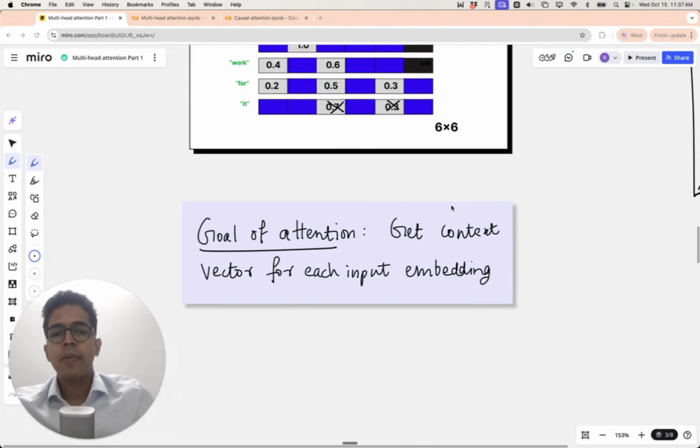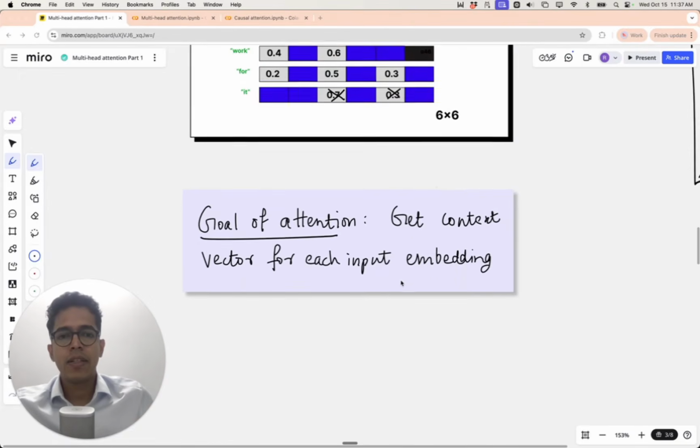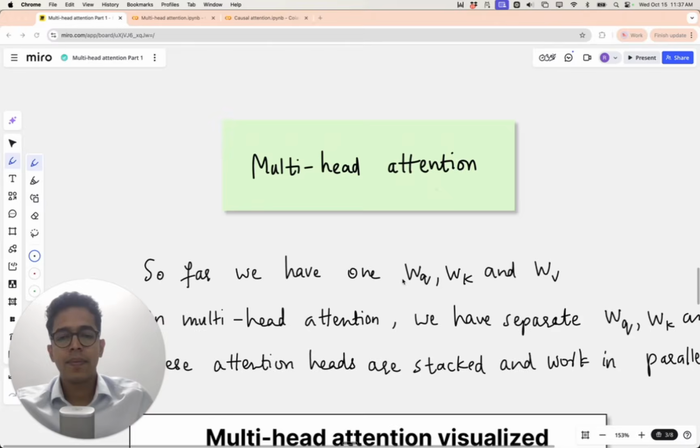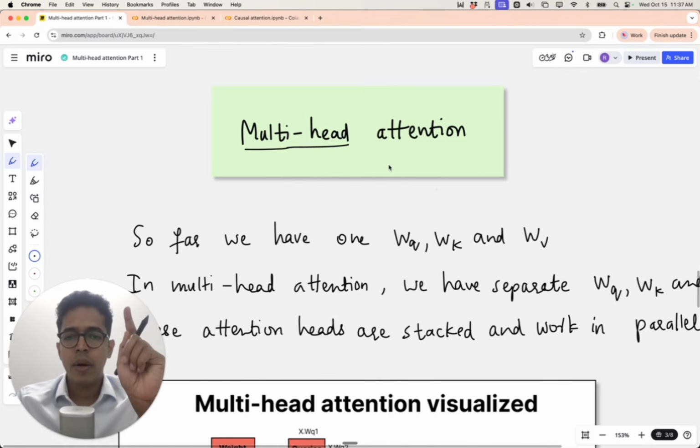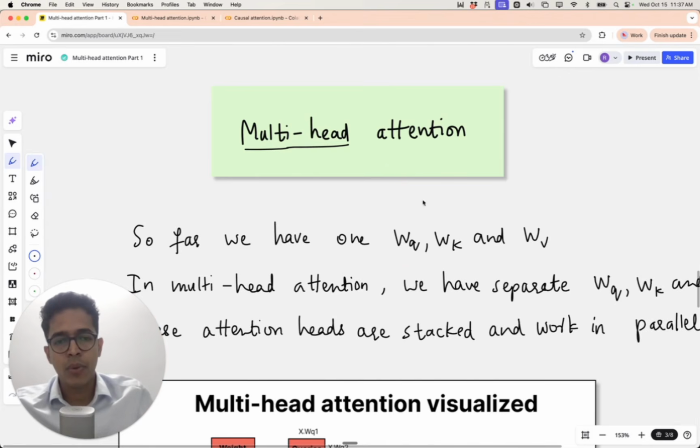Now with this much background information, let's see what is multi-head attention. Multi-head attention, as the name suggests, has multiple attention heads that operate independently. So far in our discussion, we just had one query matrix, trainable matrix WQ, one key matrix, and one value matrix.